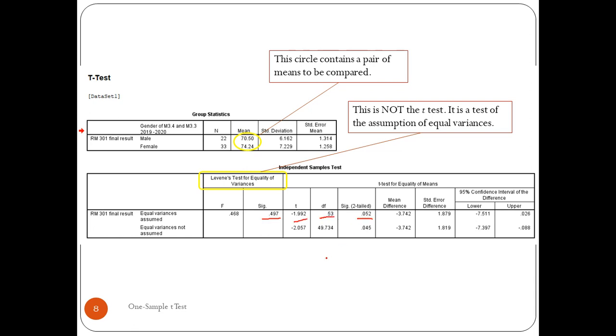Here the t is minus 1.992, degrees of freedom 53. Degrees of freedom for the t-test is very simple: the total sample size, 55, minus 2. And the p-value is 0.052.